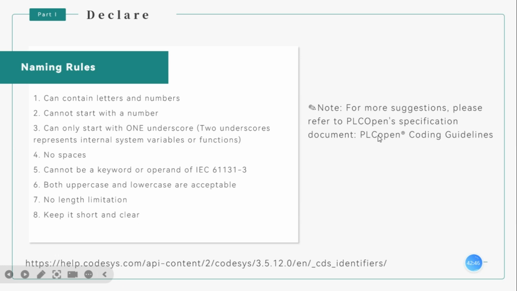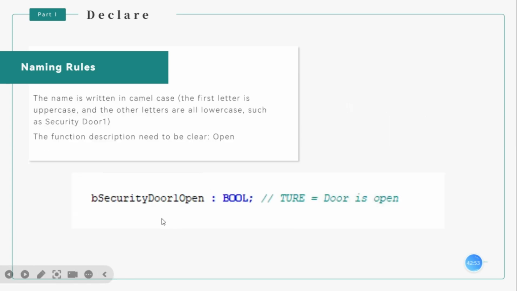Okay, so we can see on the Codesys online help for this part. So we usually suggest you to write the name as the camel case. So something like this, like securityDoorOpen. So first is lowercase and the following words is uppercase.